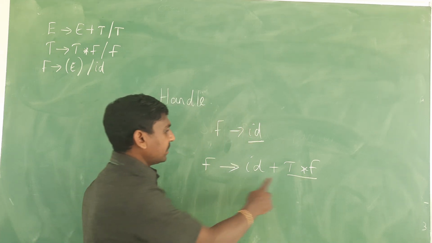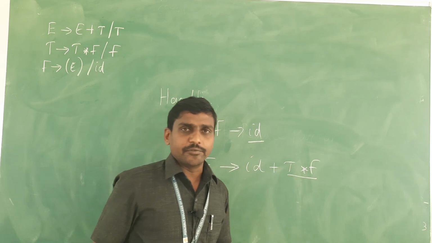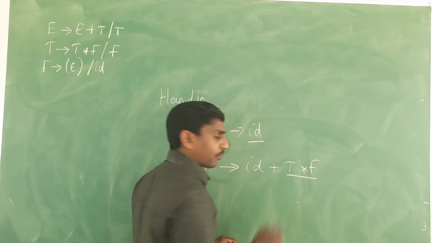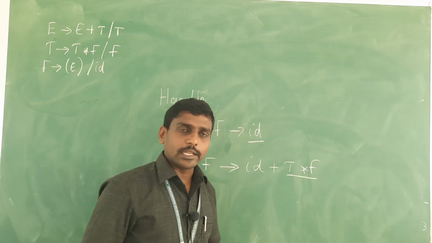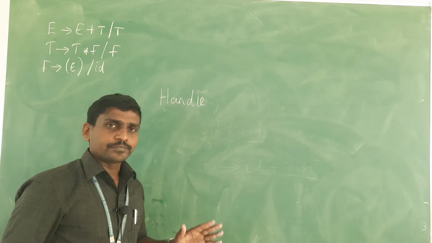Yes, because I can replace T star F with F tends to T star F. So matching the right side of a production is called a handle. Clear? So here you have to know what a handle is.